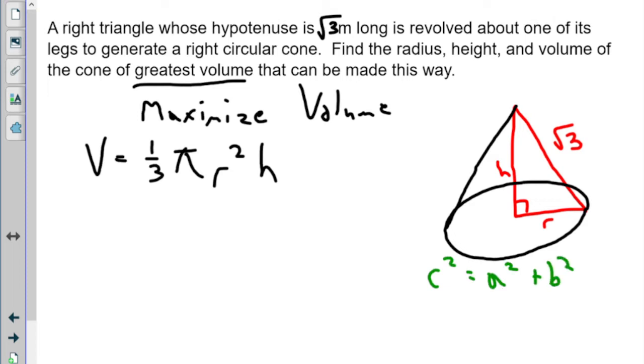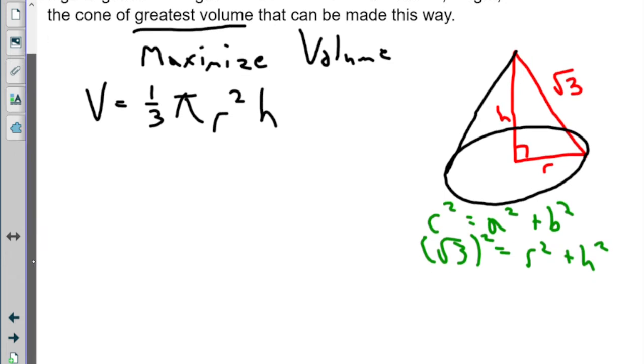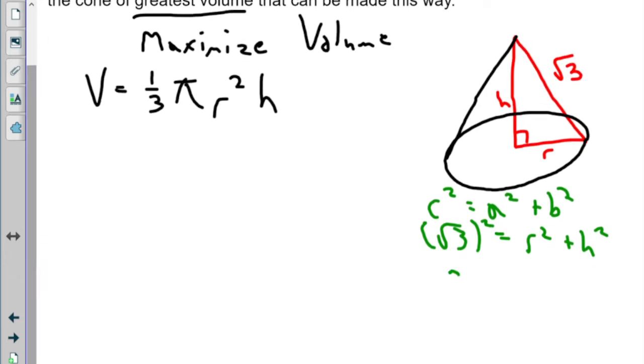It's Pythagorean theorem time, because it's a right triangle. And so that will give me another equation that has measurements in terms of r and in terms of h. Square root of 3 squared is 3.